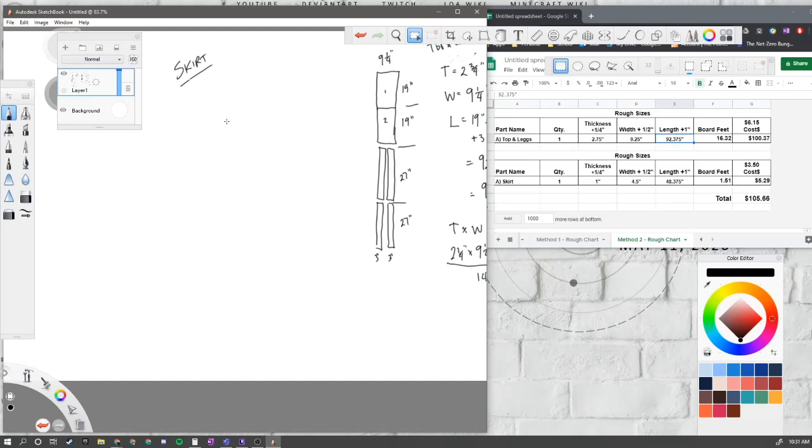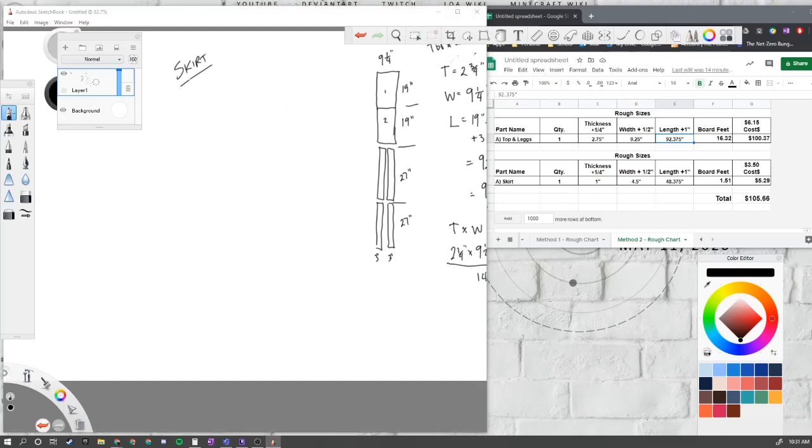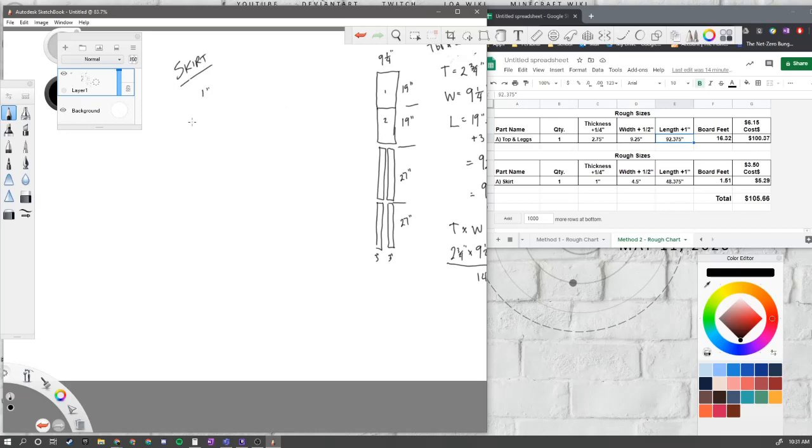Okay, so we have this is 1 inch thick, and then we have 4 of them in a row. Okay, and we know that each one of them, how long was each one of them? I'm not quite sure.